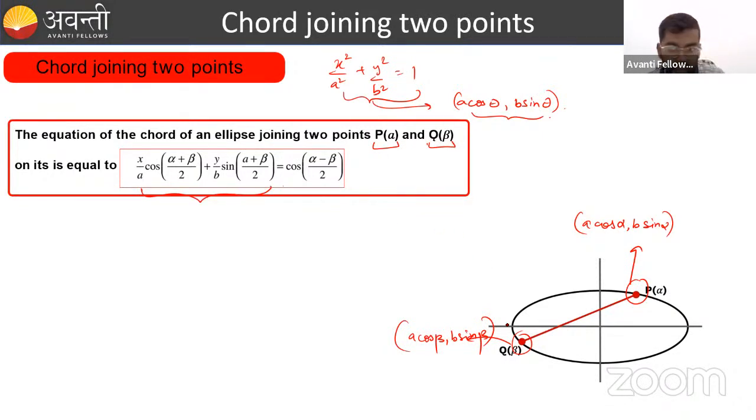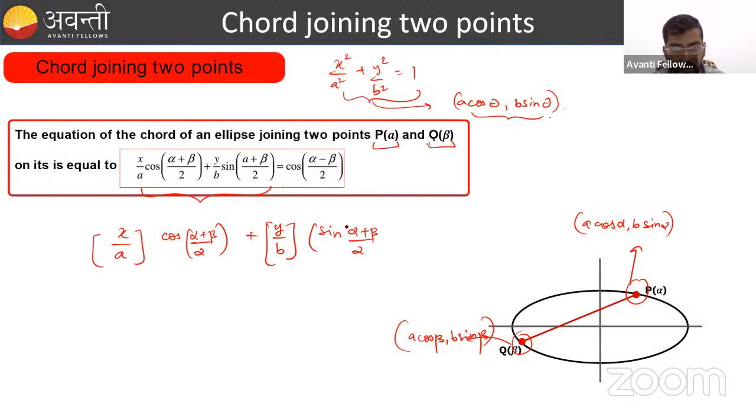So the equation of a chord of an ellipse joining two points P of alpha, Q of beta on it is equal to this. When you try to find the equation of this chord, you will get something like this: x upon a into cos of (alpha plus beta) by 2, plus y upon b into sin of (alpha plus beta) by 2, equals cos of (alpha minus beta) by 2.